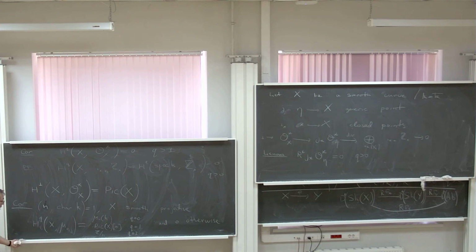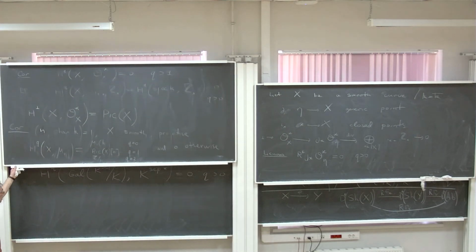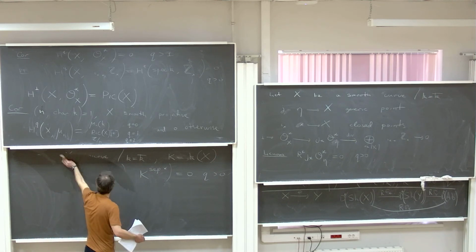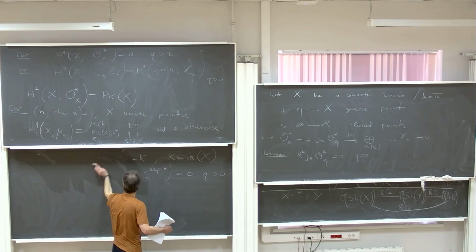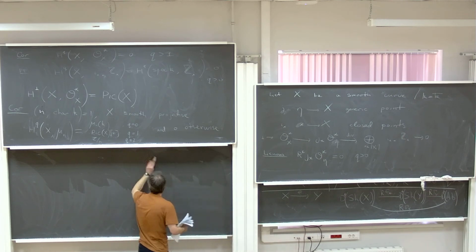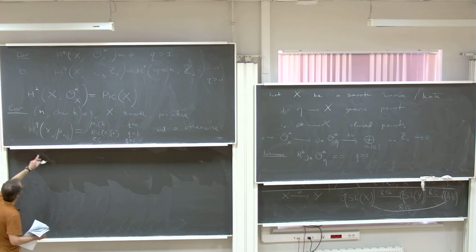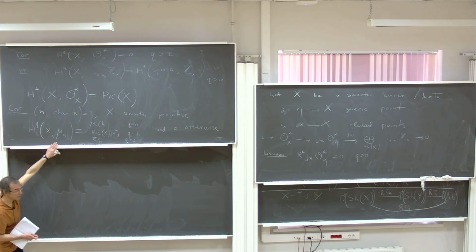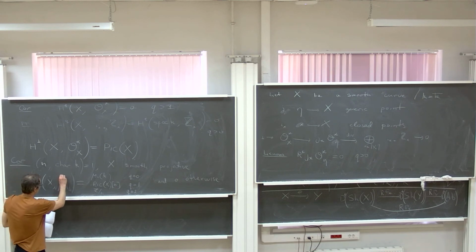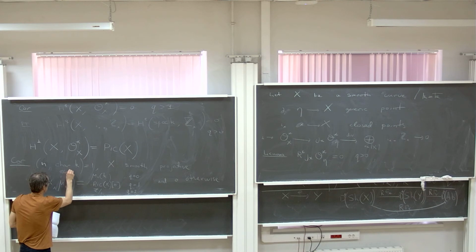Well, this is the sheaf of roots of unity, right? So another name for this that we had was Z mod n Z twisted by 1.